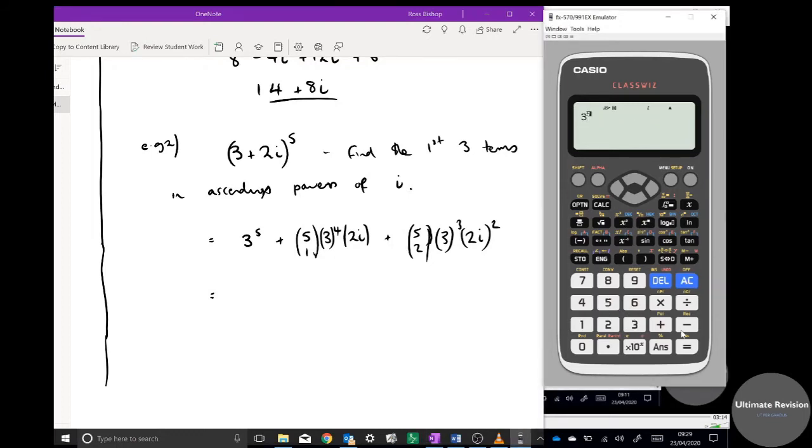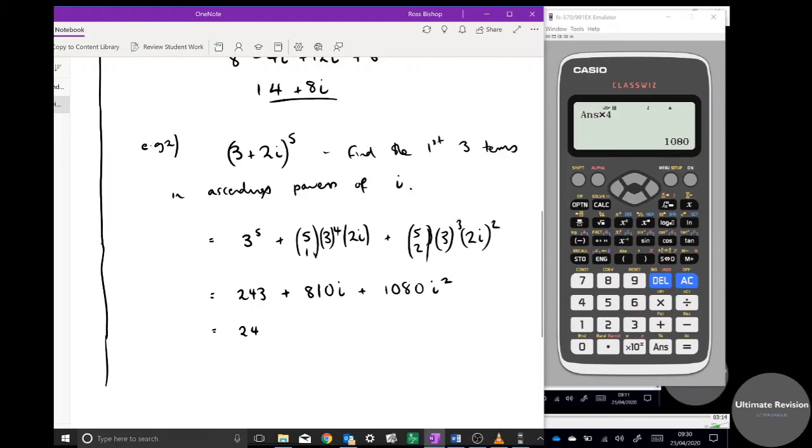3 to the power of 5 is 243. This one here, 5 choose 1 times 3 to the power of 4 is 405, times 2, 810i. And then the last one is 5 choose 2 times 3 cubed, which is 27, times 2 squared, which is 4, and so it's going to be 1080 i squared.